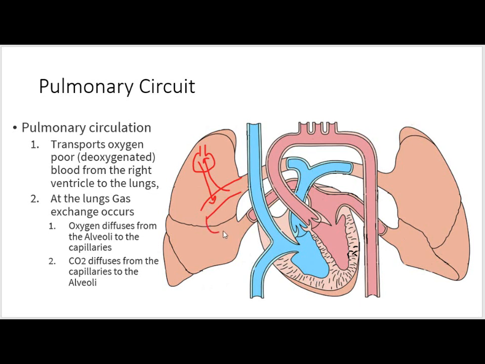Then this blood is going to become oxygen-rich blood, and it is going to be delivered back to the heart. On both sides, this is going to happen. Let's look at this in more detail.